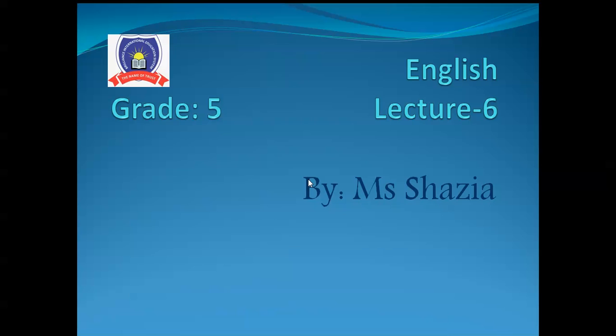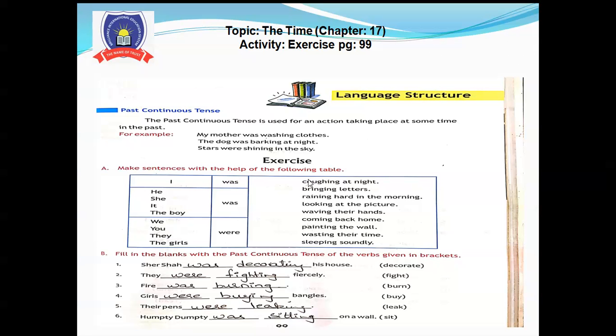Okay students, today is our lecture number 6 that is based on the topic time, chapter number 17. Open your book, go to page number 99. Here an exercise related to the language structure is given.